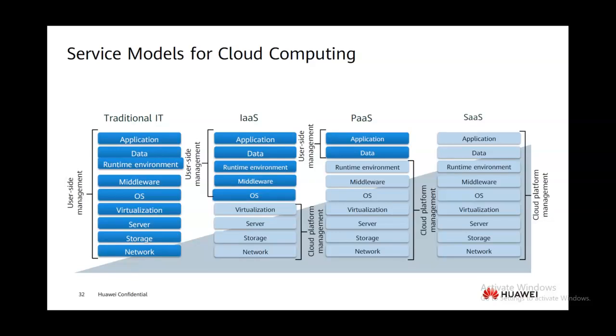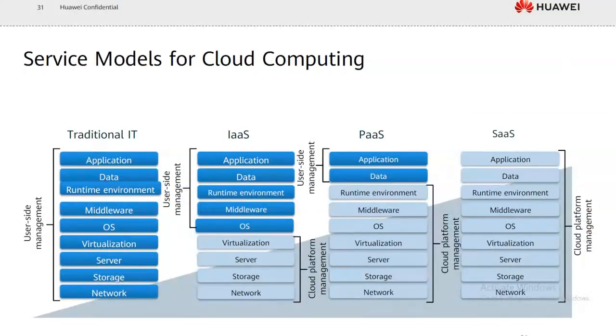So any other thing about how it works is none of your business. It's handled by the cloud service providers. So basically, all things that have to do with configuration, runtime, data, application, operating system, virtualization, server, storage, and network are all handled by the cloud service providers.